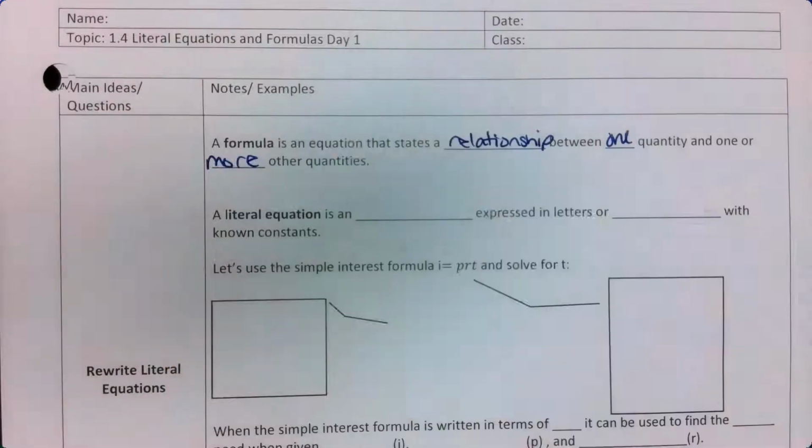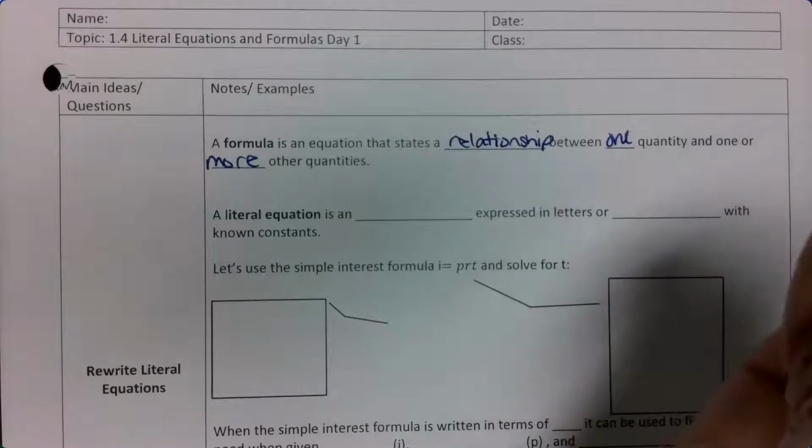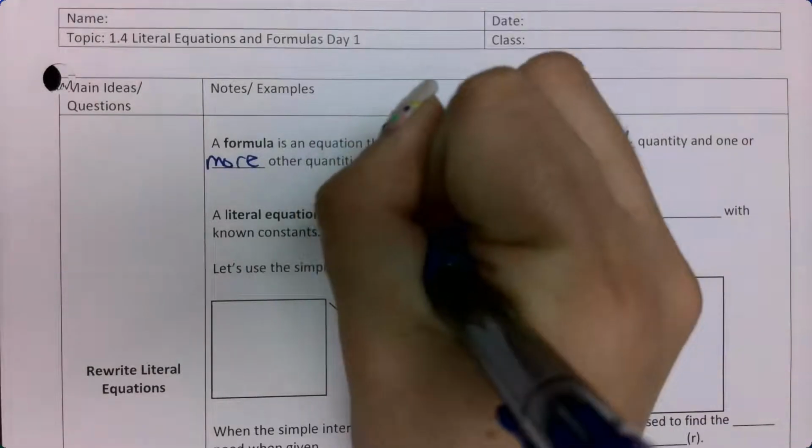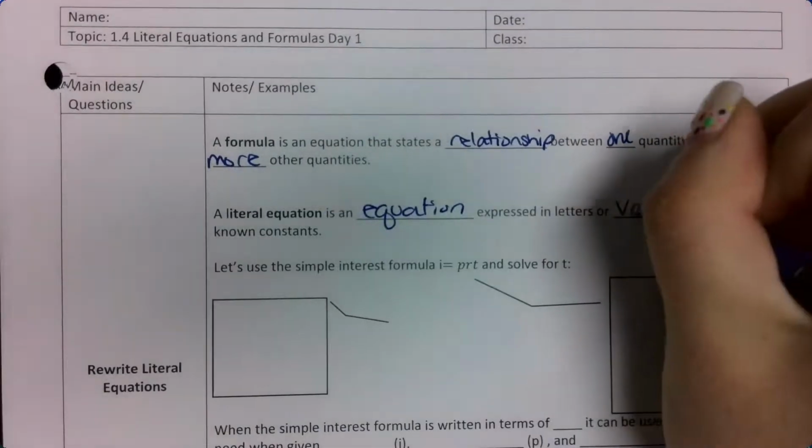So you'll have different letters in a formula, more than one. A literal equation is an equation expressed in letters or variables with known constants.